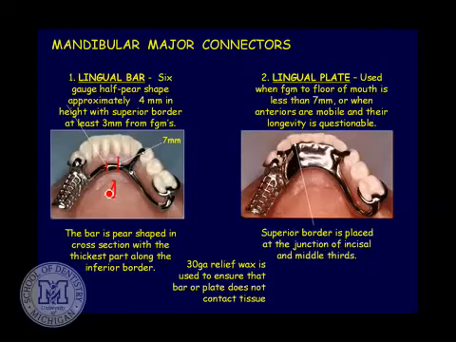And these things could be a little wider than 4 millimeters this way. 4 millimeters is our minimum width we want to have. If it's a little more, that's great, but we want the superior edge of the lingual bar to clear, or be away from, the lowest point of the free gingival margin by 3 or more millimeters.